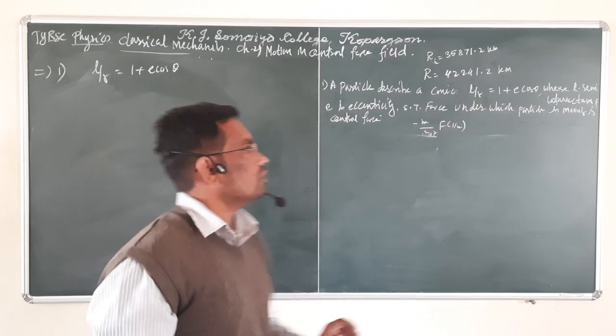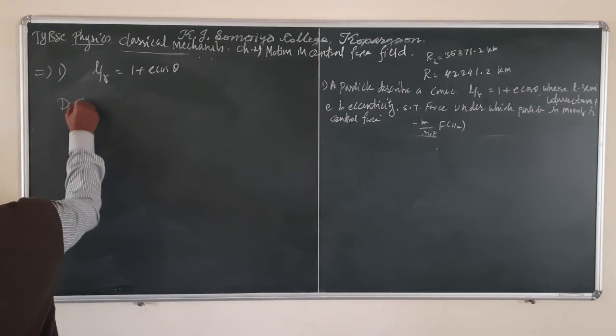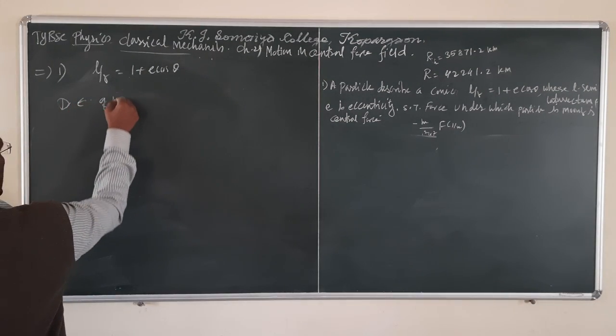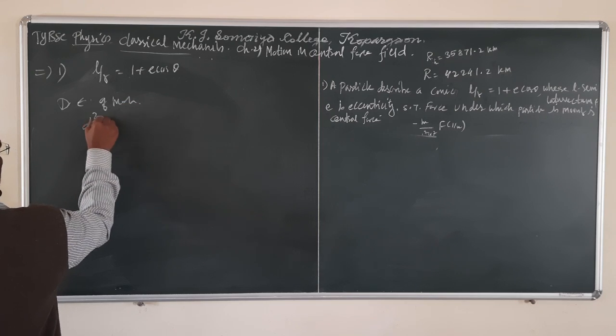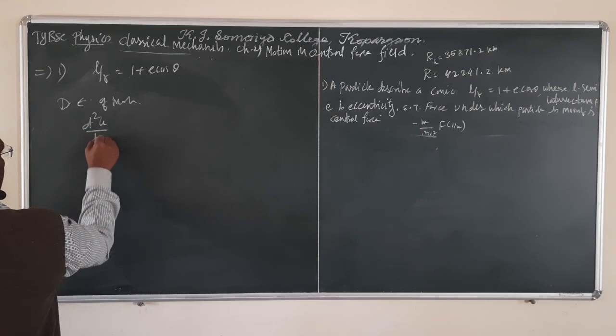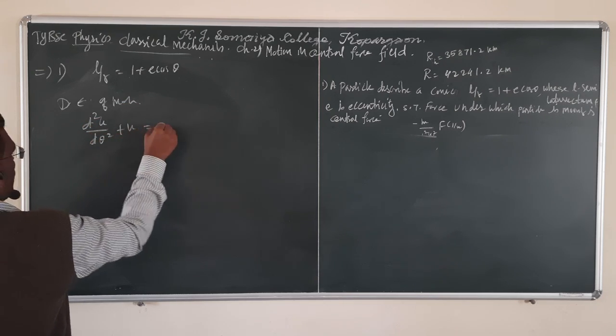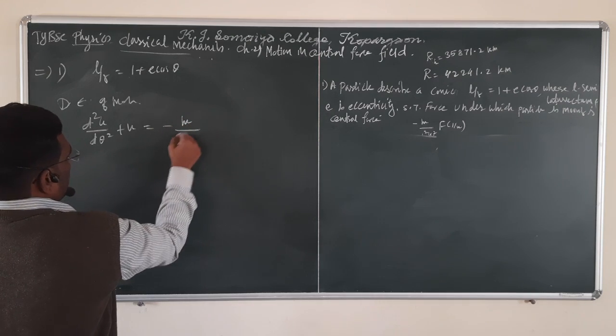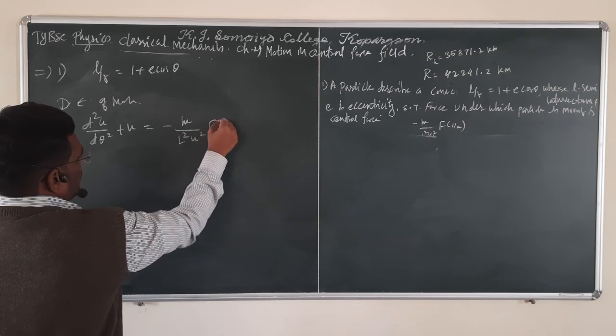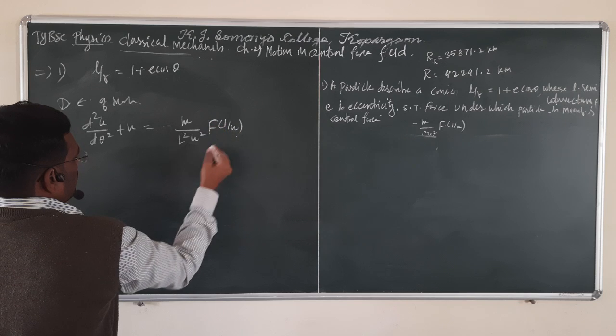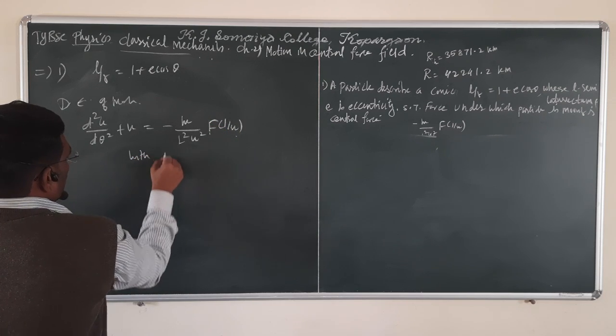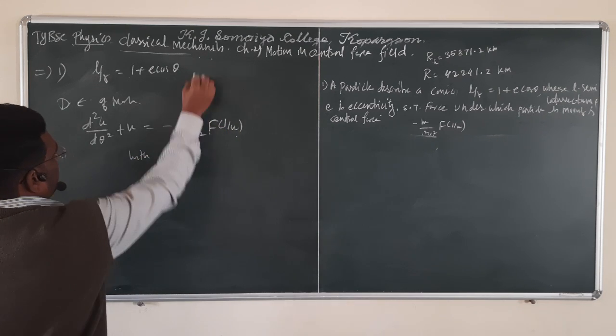The differential equation of motion is d2u by d theta square plus u is equal to minus m divided by l square u square f of 1 over u, with u is equal to 1 upon r.